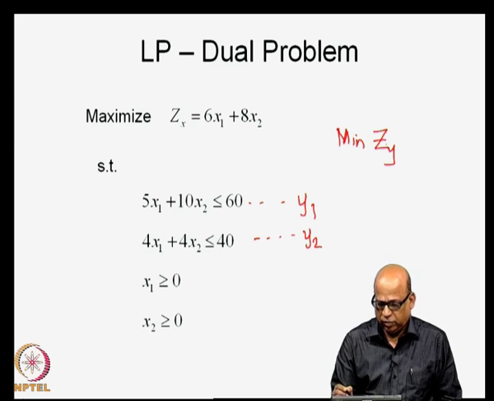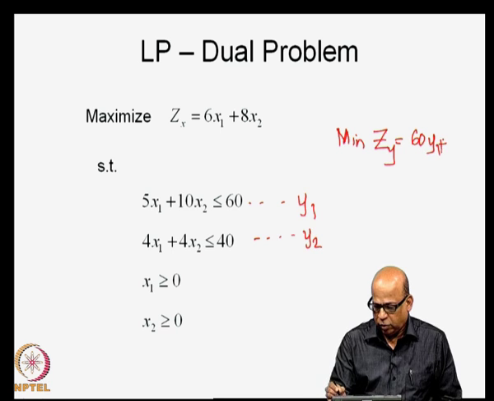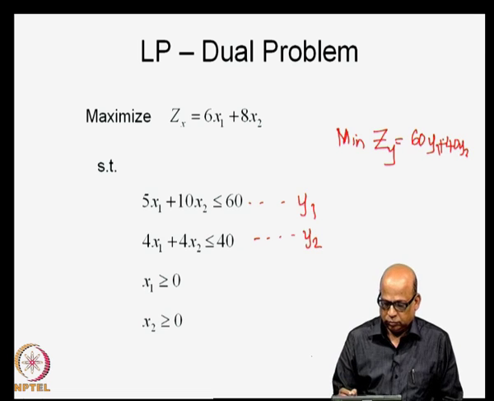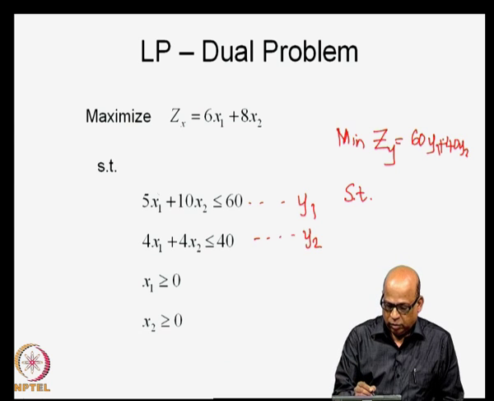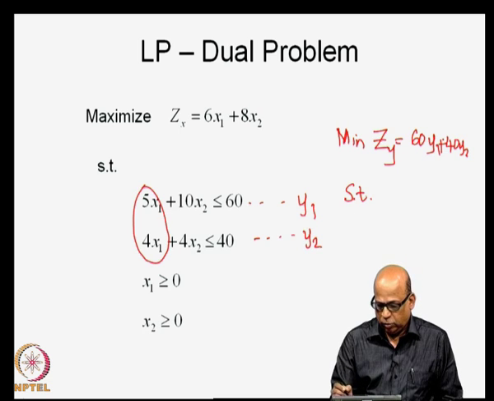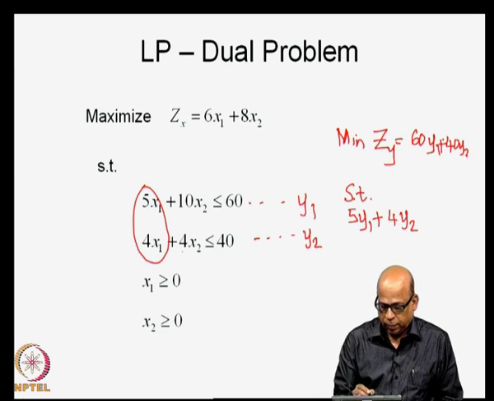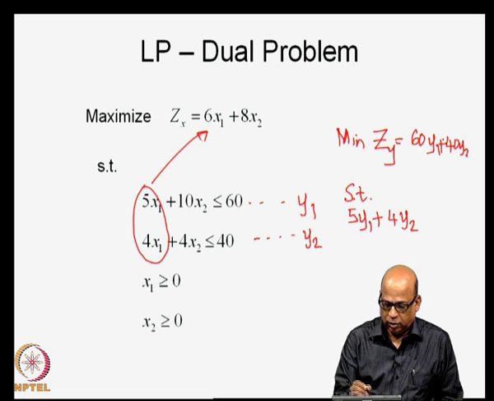Therefore, I will write this as minimize z y equal to 60 y 1 plus 40 y 2. Then I will write subject to, looking at the x constraints here, 5 y 1 plus 4 y 2 greater than or equal to 6.